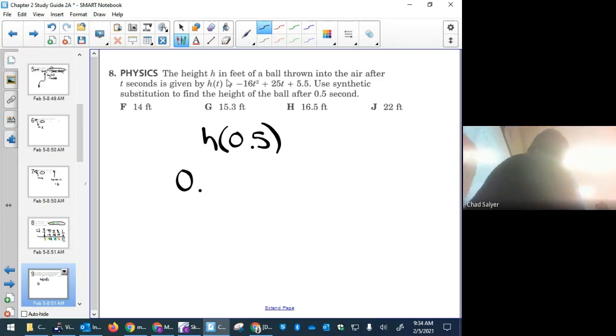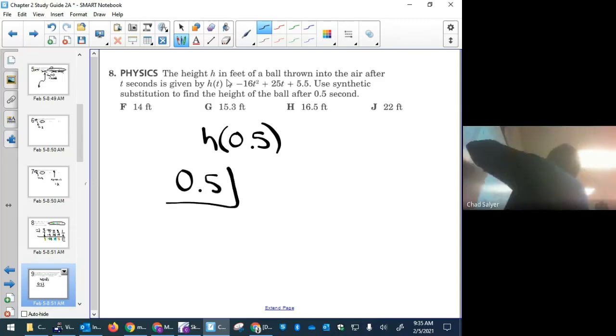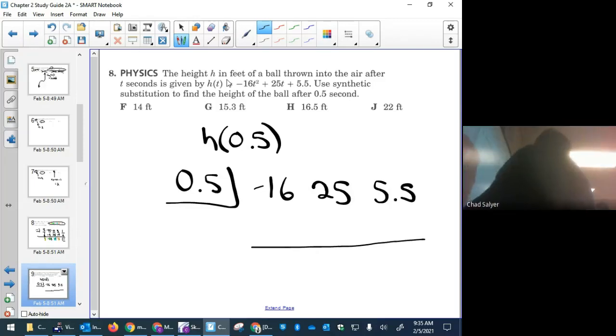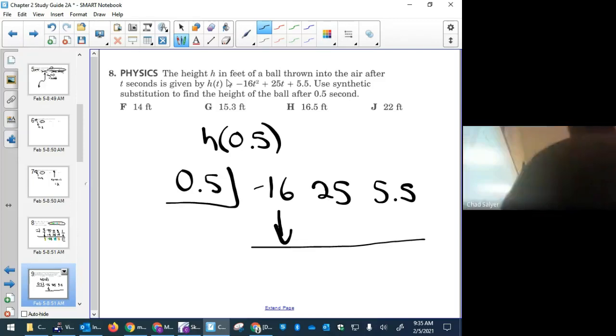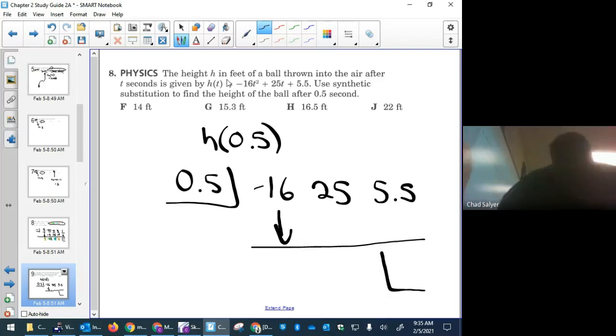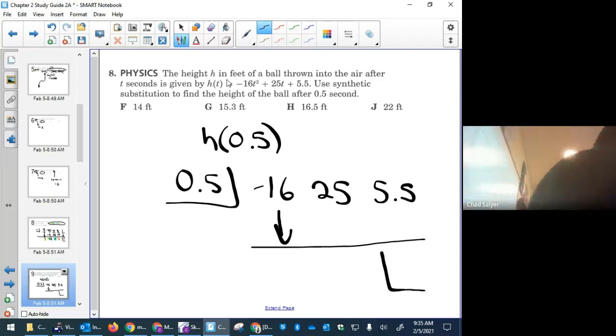So I use 0.5 as my special number. And then my coefficients are -16, 25, 5.5. And then I want to find the remainder. We don't care about anything but that remainder, okay? Because that's going to be our h of 0.5 by the remainder theorem.